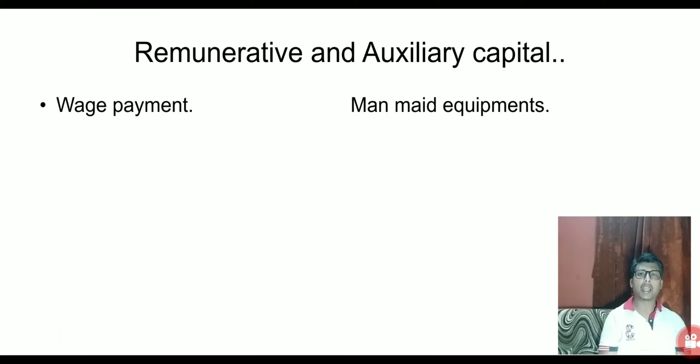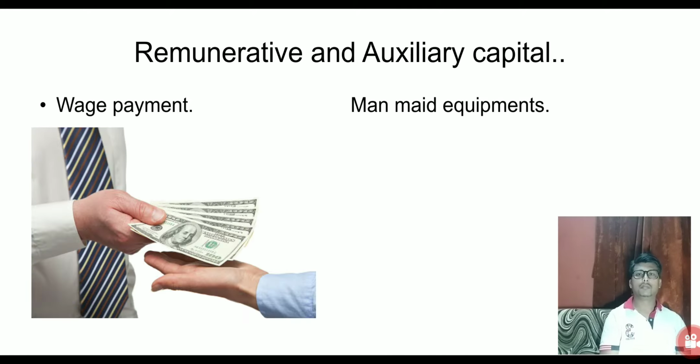Next is remunerative and auxiliary capital. Now, remunerative capital is the amount of capital which is used for the payment of wages and salaries to the workers. Those monies which are used for payment of the workers for their services rendered are called the remunerative capital.